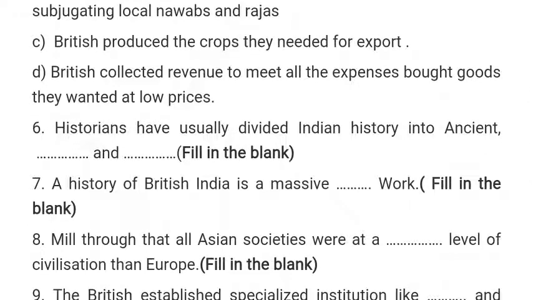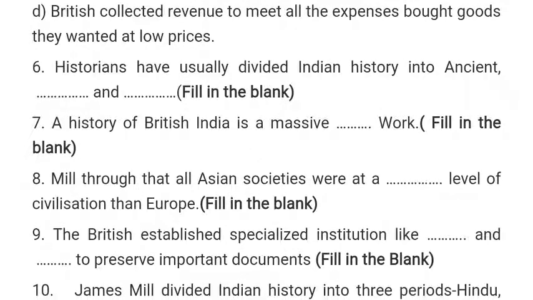Then question number 6: historians have usually divided Indian history into ancient, medieval, and modern. Then question number 7: A History of British India is a massive work. I am getting a little confused. History of India, a massive biography of J.S. Mill.